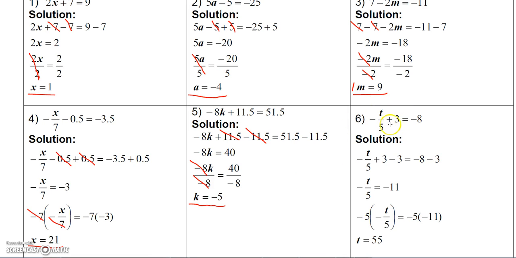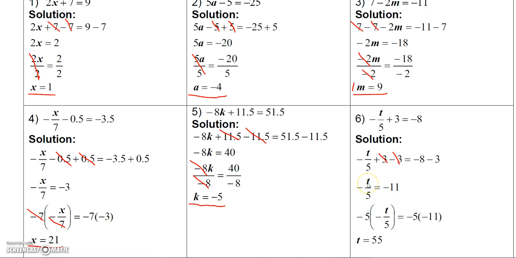And then the last one I'm going to do on this video, I'm going to subtract 3 from both sides, and when I take 3 away from both sides, the 3 and the minus 3 cancel, and then when I subtract 3 from the right hand side, I get negative 8 minus 3, which is negative 11.